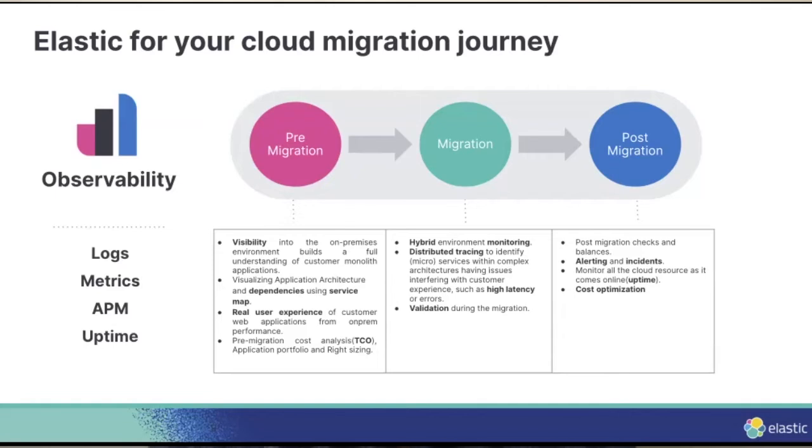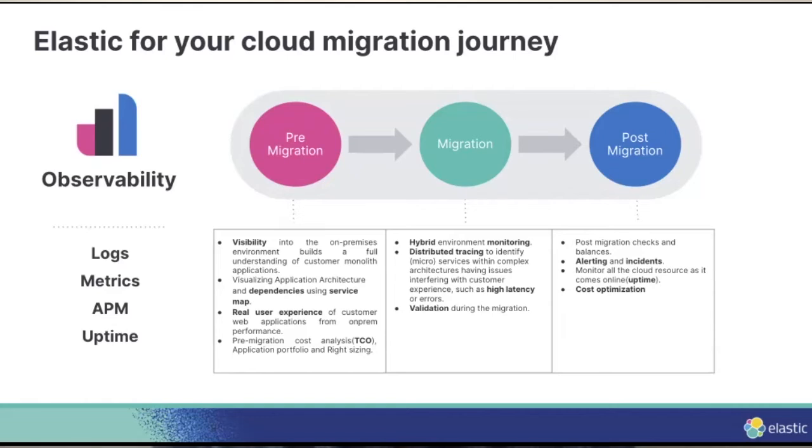This includes things like visibility and dependency analysis in the pre-migration phase, and then we enable hybrid monitoring and distributed tracing during the actual migration to track the performance of your on-premise environment compared to your new AWS cloud applications. And lastly, we facilitate day-to-day operations using alerting, incident management, and ongoing reporting after doing the migration to the cloud.